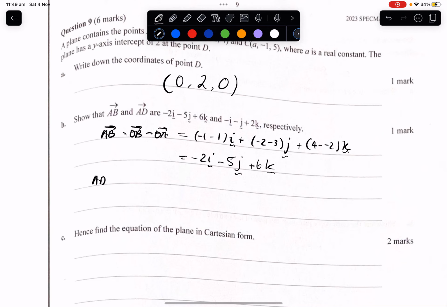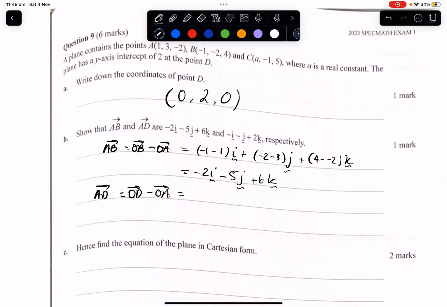AD is OD minus OA, which is (0 minus 1) i, so -i, and then plus (2 minus 3) j plus (0 minus 2) k, which is -i minus j plus 2k.